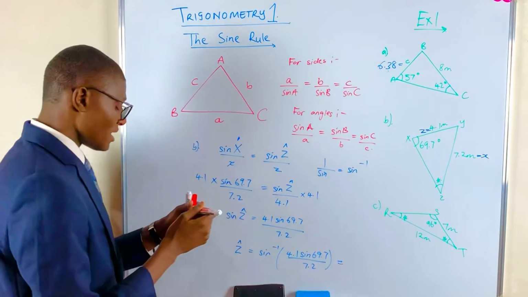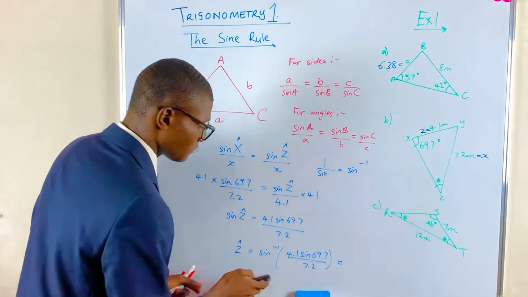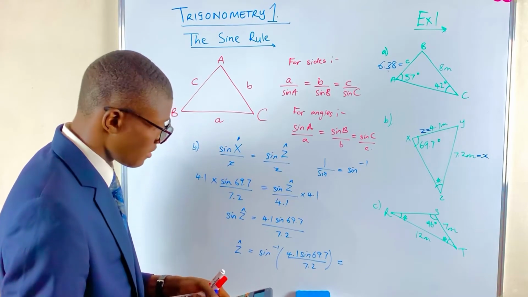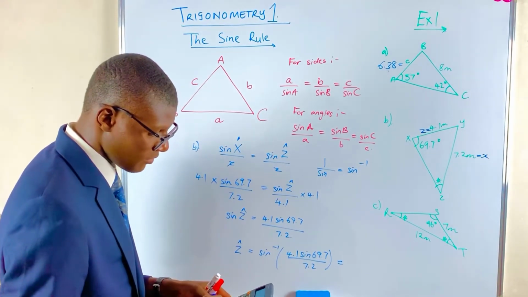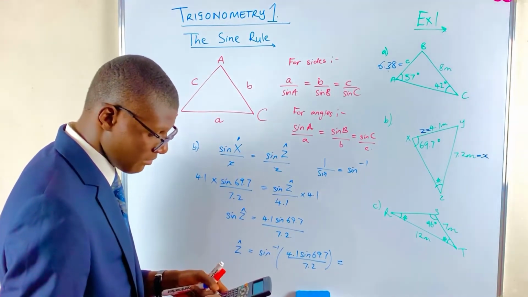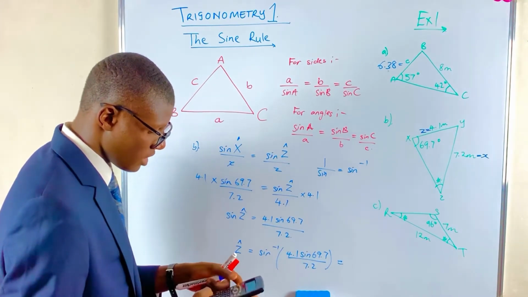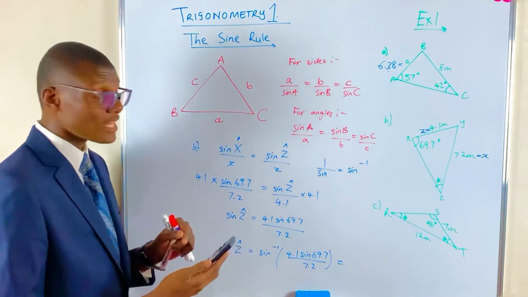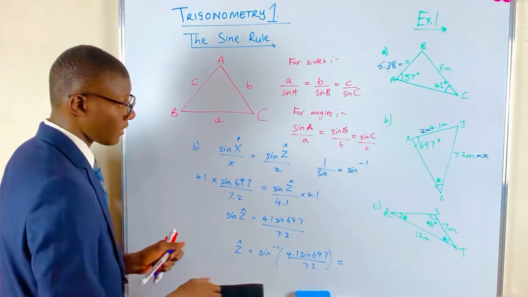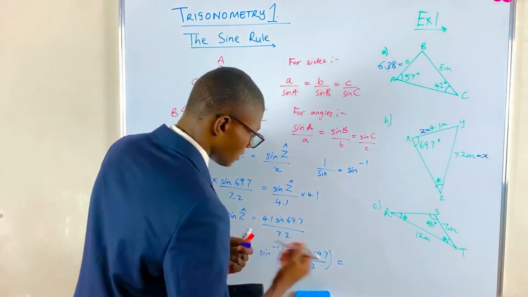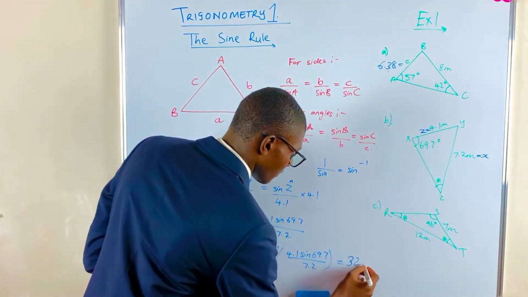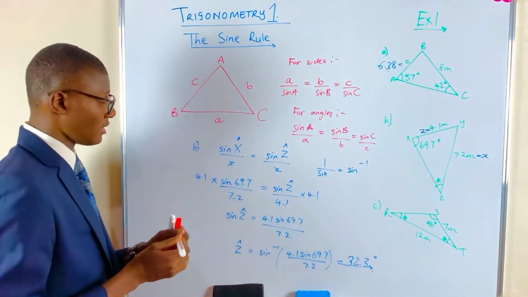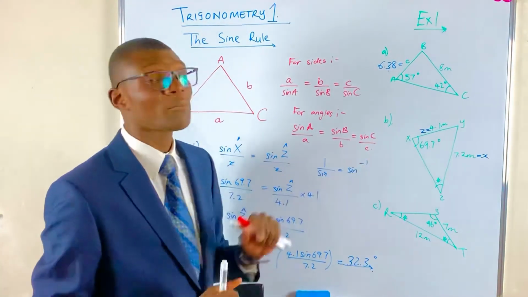Now we can punch that in the calculator: 4.1 sine of 69.7 divided by 7.2. Then we find the sine inverse of that. That will give us 32.3. So the angle z would be 32.3 degrees to 1 decimal place. So this was for part B.